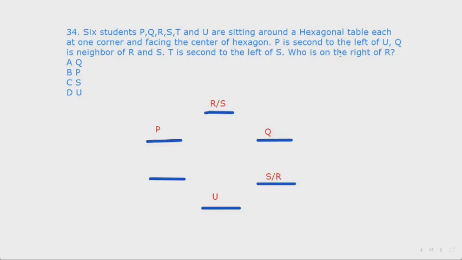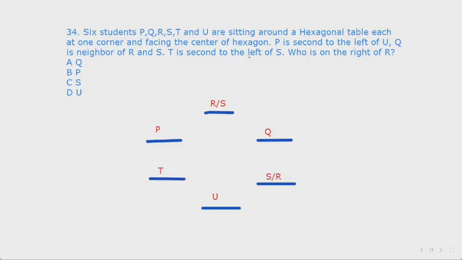Who is on the right of R? Okay, so again, P is second left of U. T is second to the left of S. So T के लिए एक ही space है, that is this one.